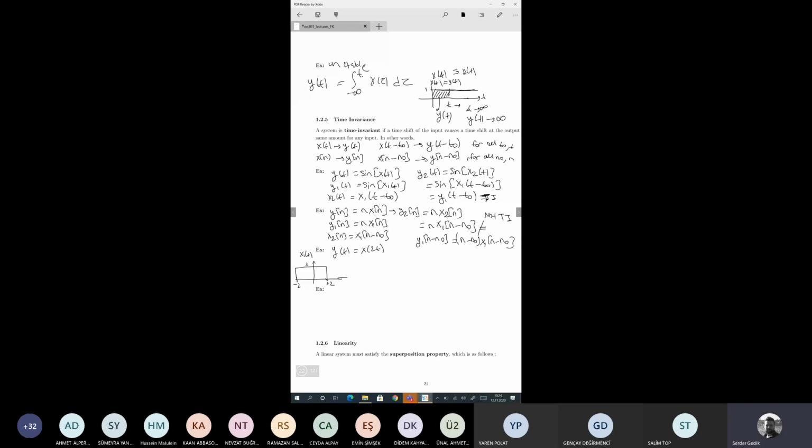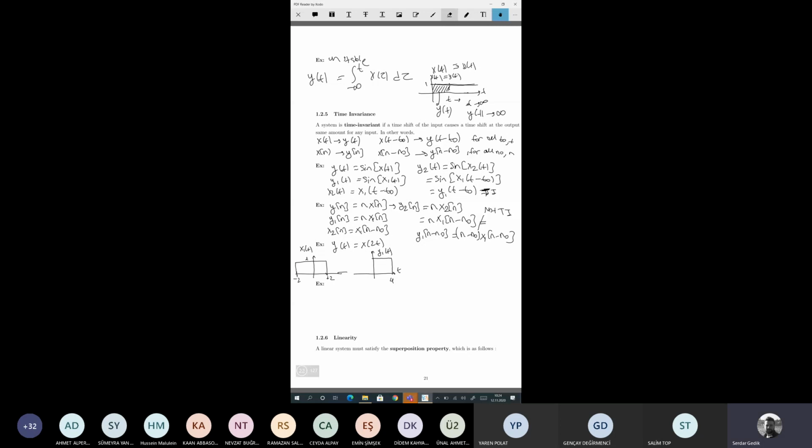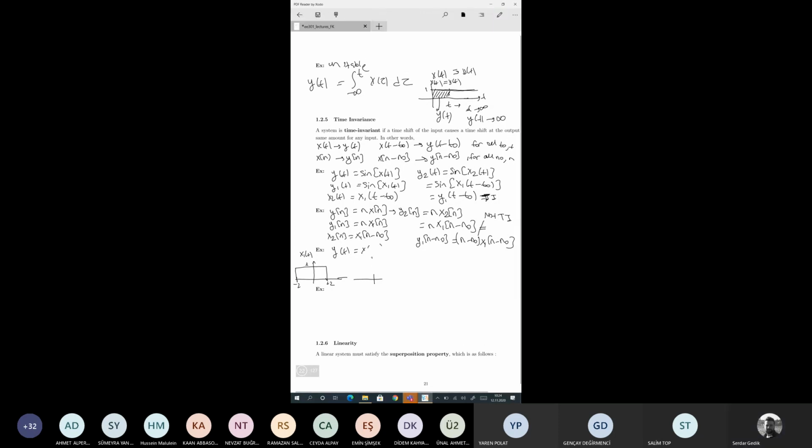So if this is x1, what is y1? y1 is simply this signal from -1 to +1. So this is y1, okay?